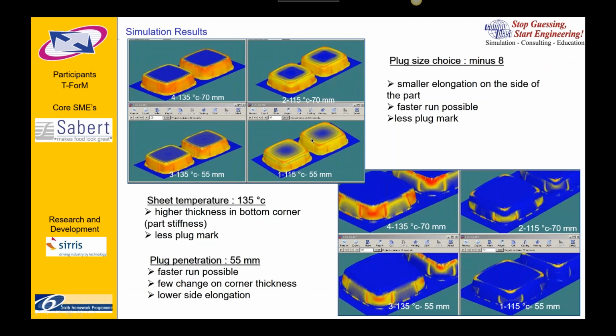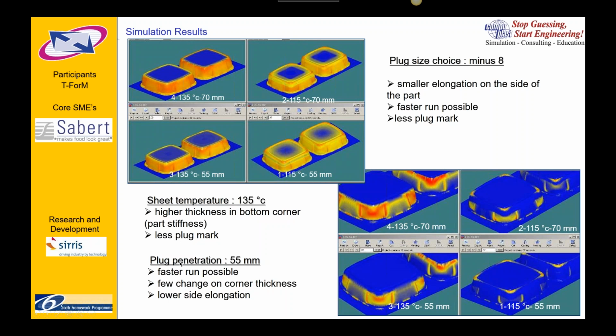And they found that when they ran with the smaller plug, they had smaller side elongation. Running faster was possible, and they had less plug mark. With a sheet temperature of 135 degrees C, they had higher thickness at the bottom corners, which helped the part thickness, and less plug mark or freeze off.